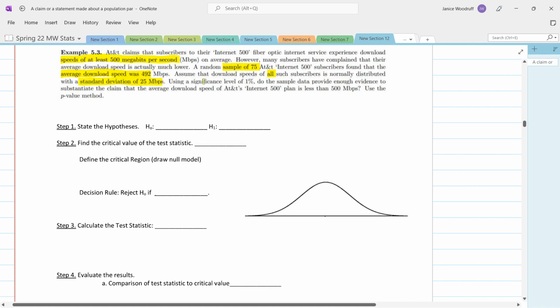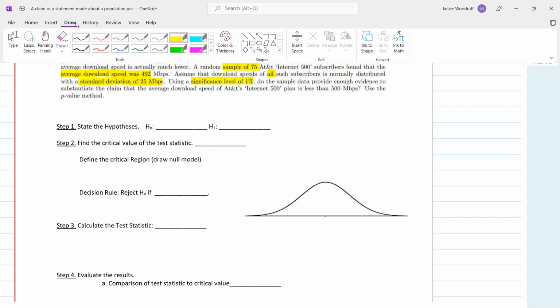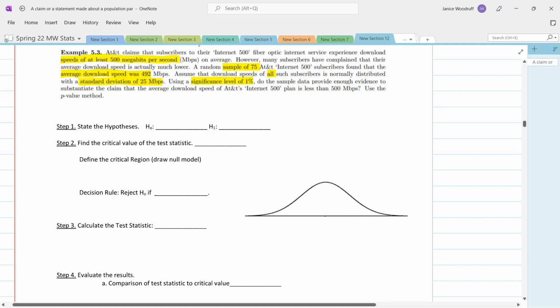So population standard deviation, significance level of 1%. All right, so we have a mean 500. We have a sample size of 75. We have a mean of our sample, 492. We have a population standard deviation, 25, and an alpha, 0.01.